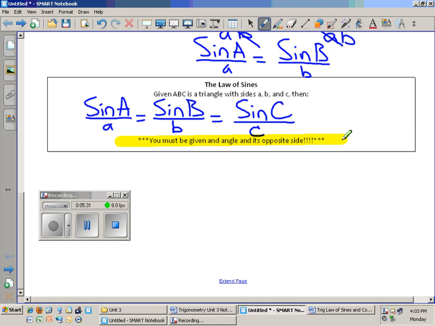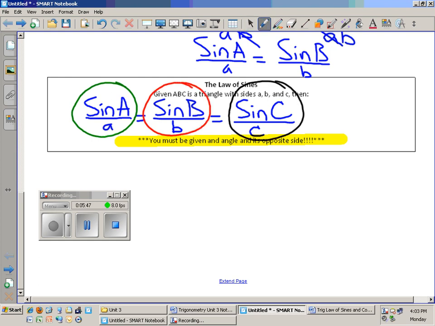If you don't have an angle and its opposite side, you can forget about it. So for example, you either need angle A and side a, or angle B and side b, or angle C and side c. You need an angle and its opposite side, and then it works out.